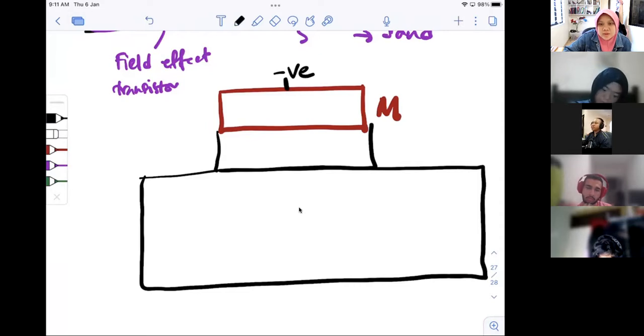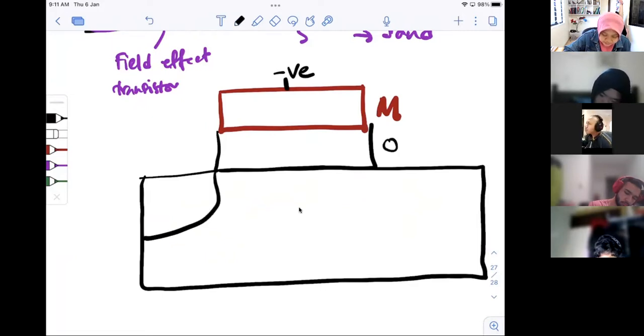This whole piece is a semiconductor, but now I dope it slightly differently. I will have two more regions, so I have three regions in the semiconductor: 1, 2, 3.